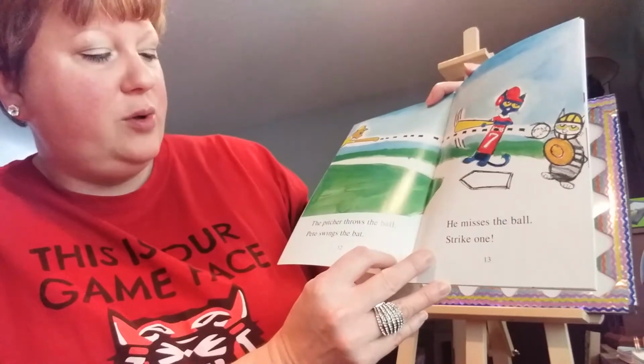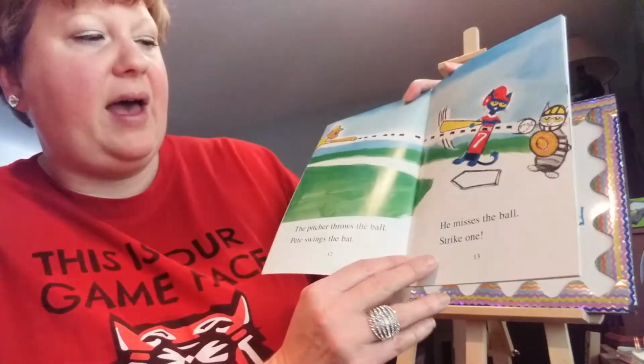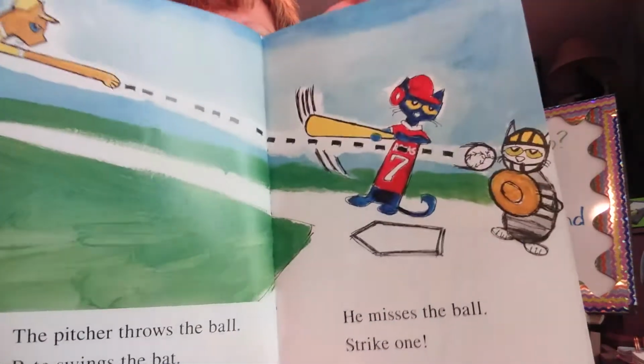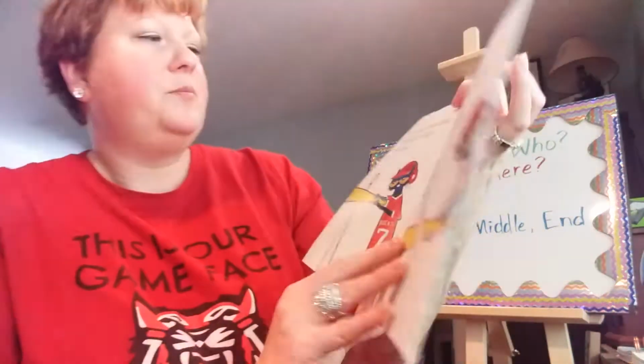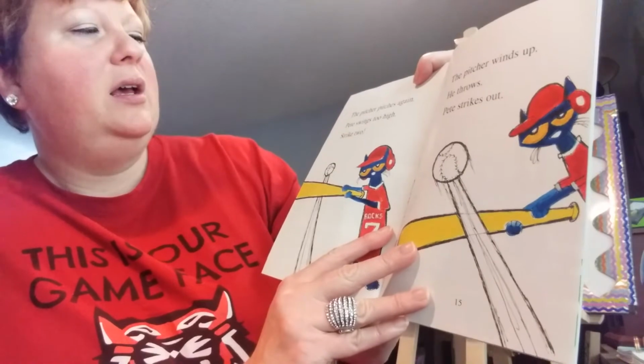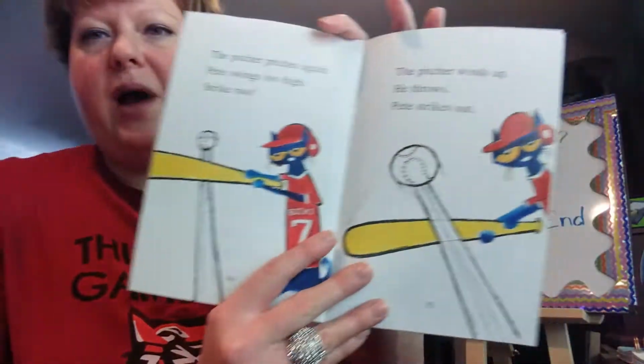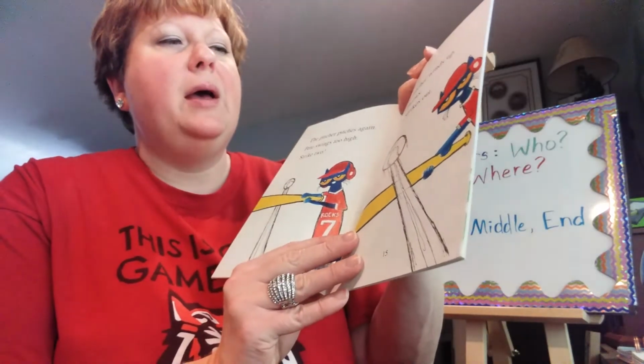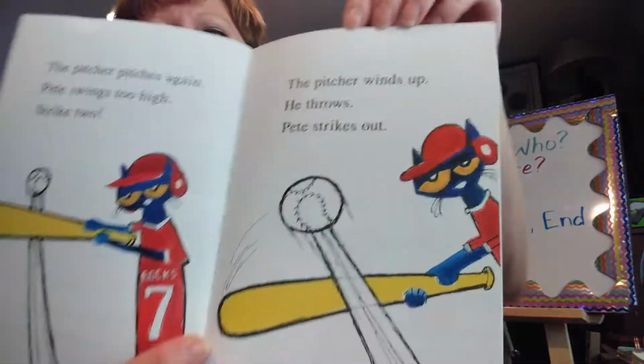The pitcher throws the ball. Pete swings the bat. He misses the ball. Strike one. The pitcher pitches again. Pete swings too high. Strike two. The pitcher winds up. He throws. Pete strikes out.